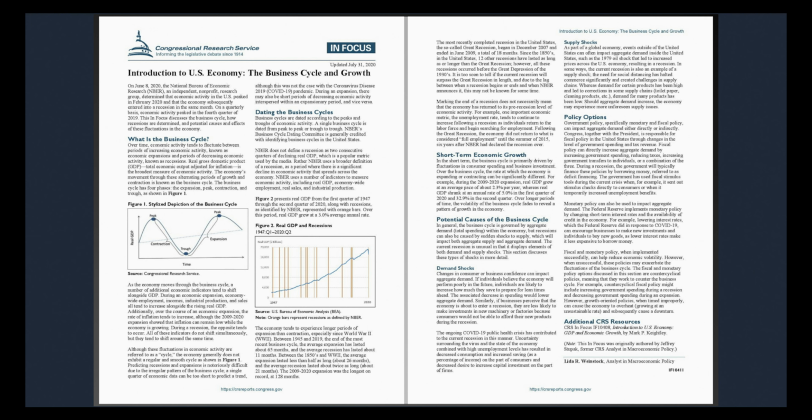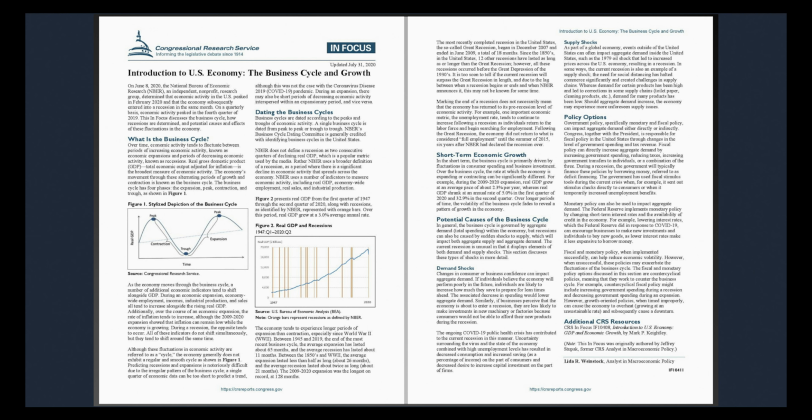A single quarter of economic data can be too short to predict a trend, although this was not the case with the coronavirus disease 2019 (COVID-19) pandemic. During an expansion, there may also be short periods of decreasing economic activity interspersed within an expansionary period, and vice versa.